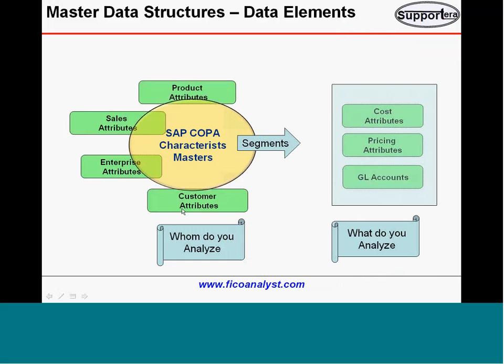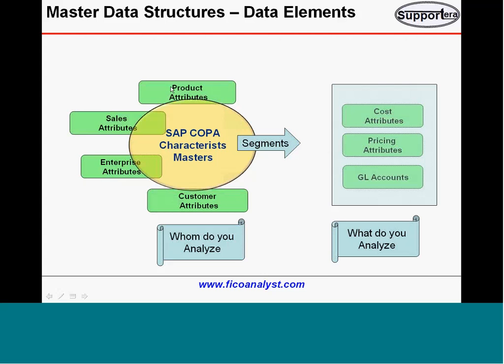customers, enterprise attributes, and sales attributes. Enterprise attributes are company code, plant, sales organization, distribution channel, division. Customer means customer group, corporate customers, government customers, internet customers, high net worth, medium net worth, and low net worth customers, so all kinds of customers.